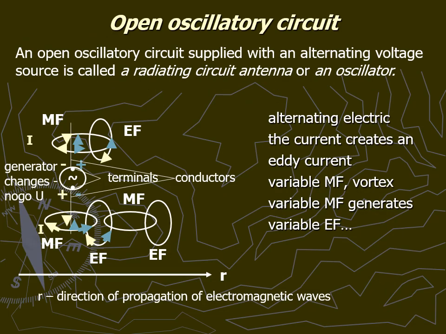Now let's see what an open oscillatory circuit looks like and what can be obtained as a result. That is, we will have an open oscillatory circuit consisting of an alternating voltage generator. Here we have an alternating voltage generator, and we have conductors connected.